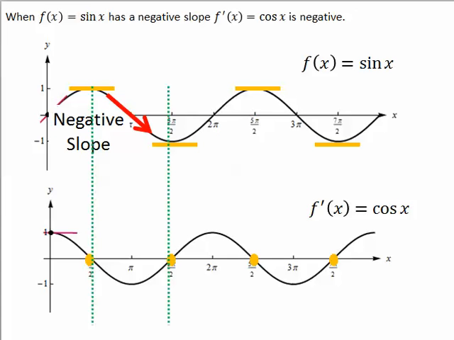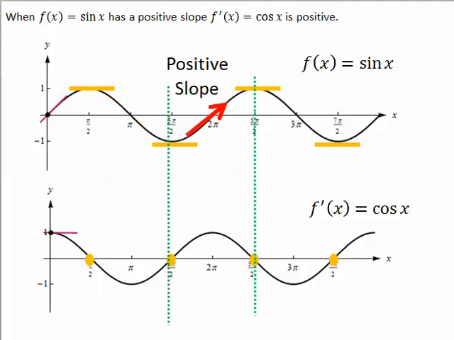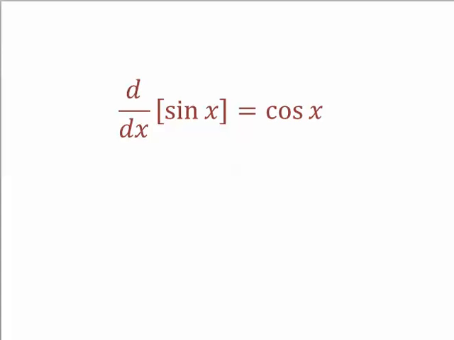Notice that whenever sine has a negative slope, cosine, its derivative, is negative. And whenever sine has a positive slope, cosine, its derivative, is positive. So the derivative of sine is cosine.